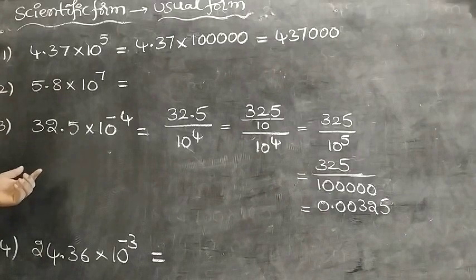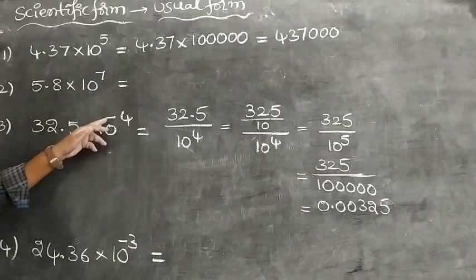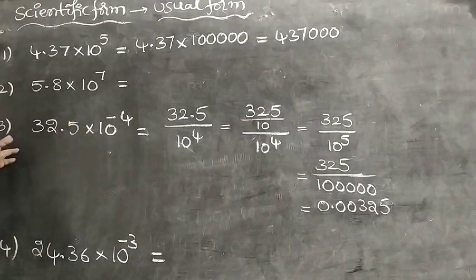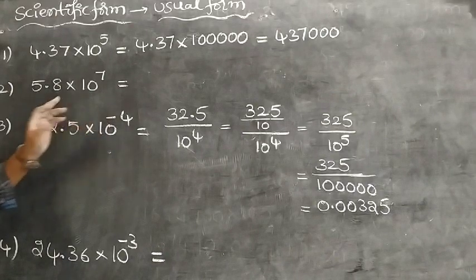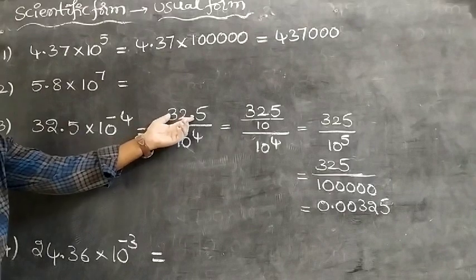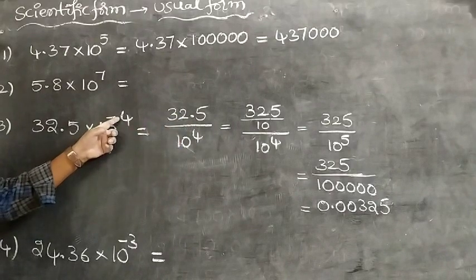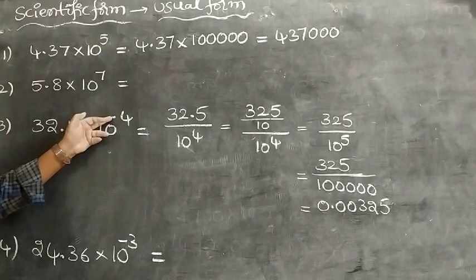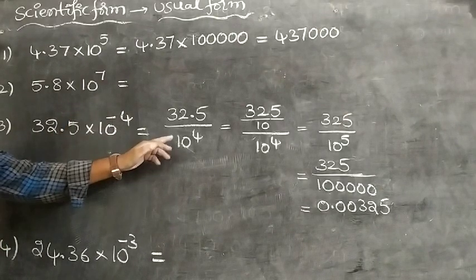Next, if a negative exponent is given, how can we convert it into usual form? Observe one example. 32.5 into 10 power minus 4 equals. First, 32.5 is taken as it is, and 10 power minus 4 is converted into the denominator, negative converted into positive. So 10 power 4.